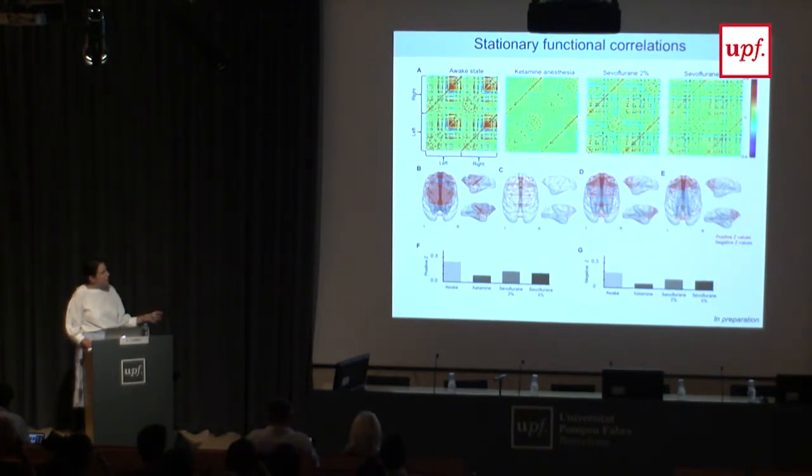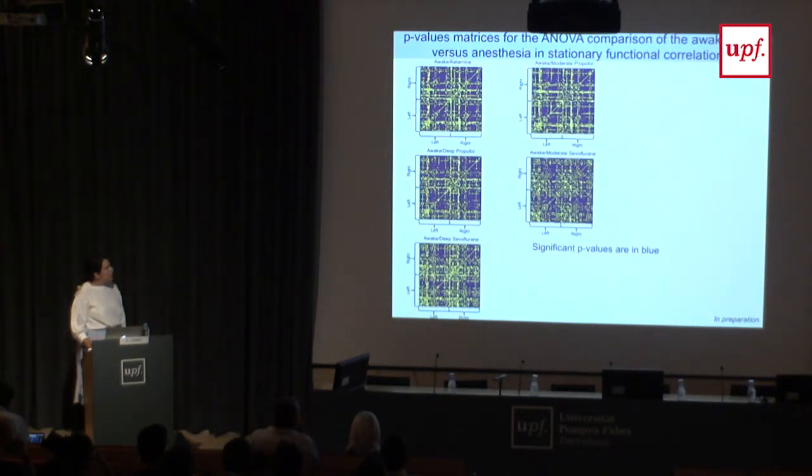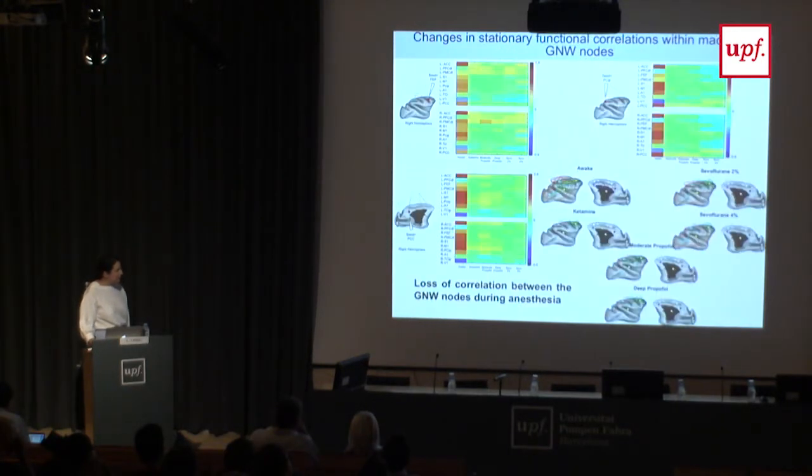Even it seems to be lower under sevoflurane anesthesia than under ketamine anesthesia. This is a comparison of these statistical maps, and what is significantly different between the awake data and the anesthesia data are the p-values in blue, and you see that you have a lot of differences between the wake state and the anesthesia state.